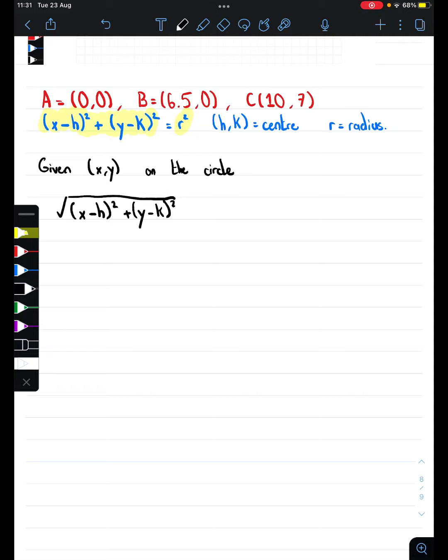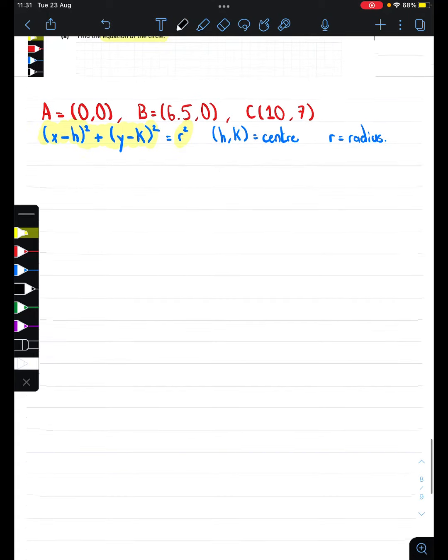Well, you might actually recognize this as the distance formula. And so this is the distance from the point on the circle to the center, which, as we know, should be r. So you square both sides and you get the equation of the circle.